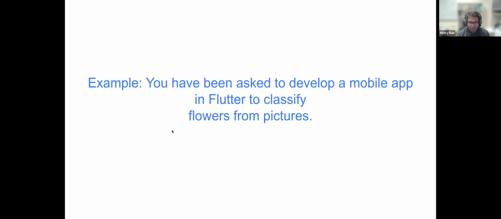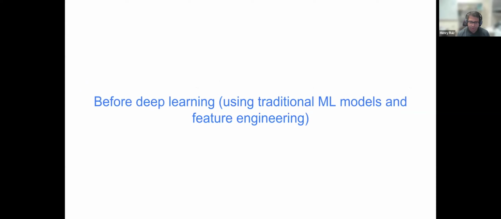To make an example, imagine that I have been asked to develop a mobile app to classify flower pictures. I will try to go through this pretty quickly because I know I am short on time, but to explain how we have moved from manually extracting features to learning those features through training a model.